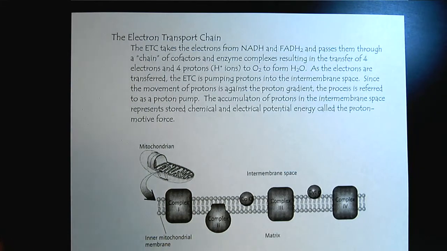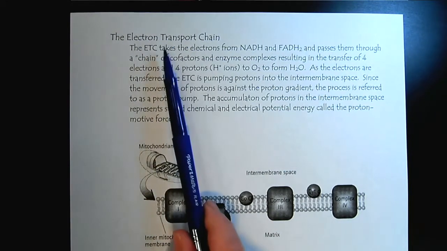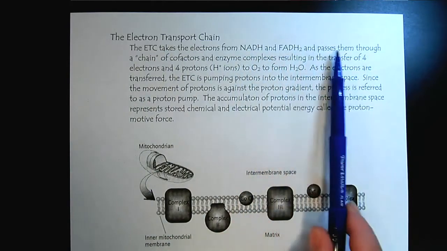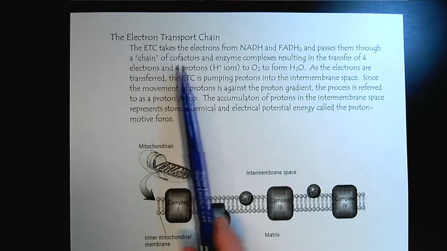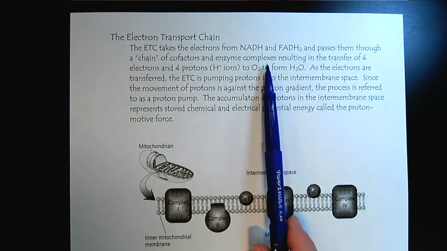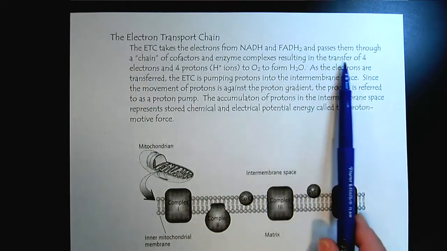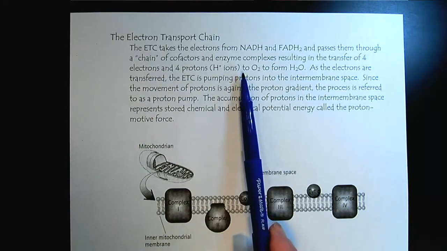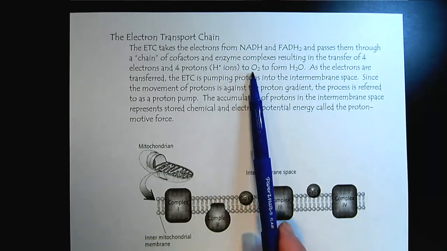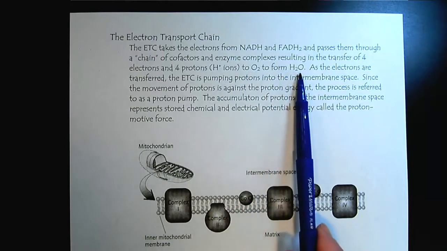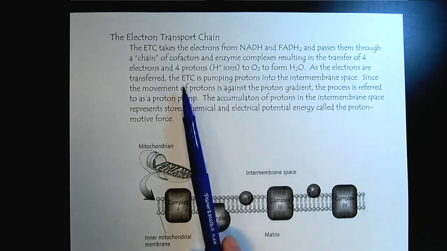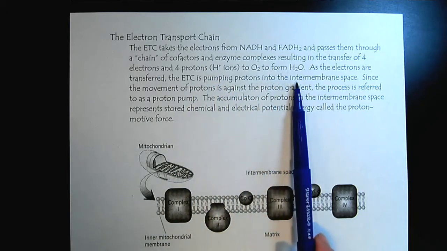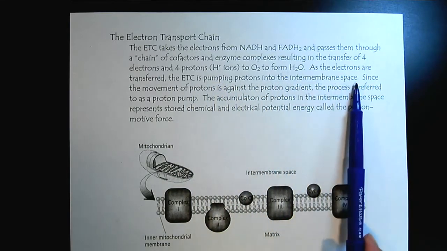Alrighty. So, right, the electron transport chain takes the electrons from the reduced coenzymes and passes them through a chain of cofactors and enzyme complexes that result in 4 electrons and 4 protons connecting with oxygen to form water. As the electrons are transferred, the electron transport chain pumps the protons into the intermembrane space.